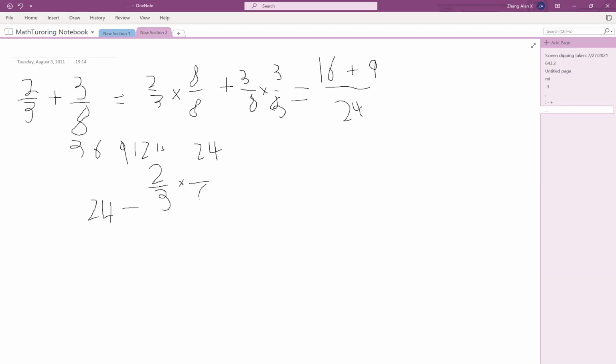If we times the bottom by 8, what do we have to do to the top? Also times 8. Yeah. So then we do the same process for the second one. We want to change this to 24. What number would we have to times it by? 3. Yeah. I get it. And then we get 25/24.